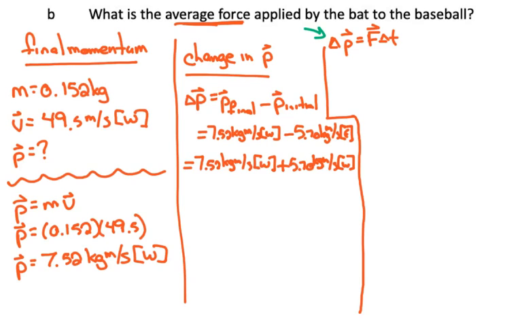I apologize for the squishiness of that, but we have 7.52 kilogram meters per second west plus 5.70 kilogram meters per second west, which would give us 13.22 kilogram meters per second west.